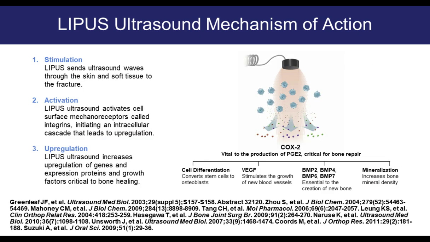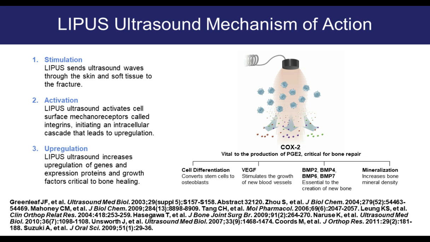Again, LIPUS sends its stimulation through the soft tissue in the skin to the fracture. LIPUS activates the cell surface. It activates these mechanoreceptors called integrins, and that initiates an intracellular cascade that leads to upregulation. What's upregulated? Cell differentiation is upregulated, converting stem cells to osteoblasts to make bone to affect healing.